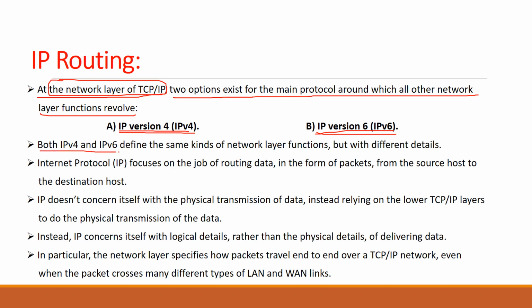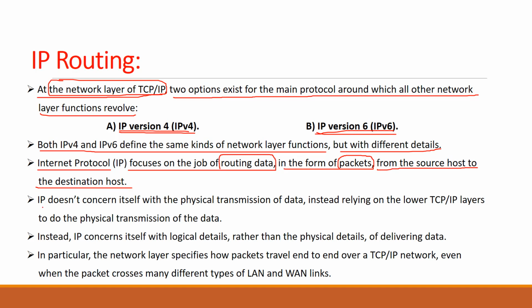Both IPv4 and IPv6 define the same kinds of network layer functions, but with different details. The Internet Protocol focuses on the job of routing data in the form of packets, because as we know, we call it packets from the layer 3 point of view, of course from the source host to the destination host.